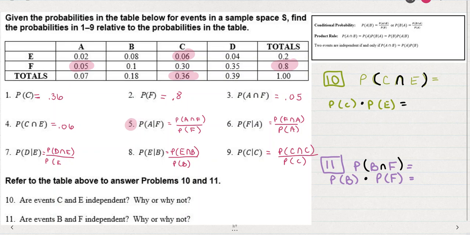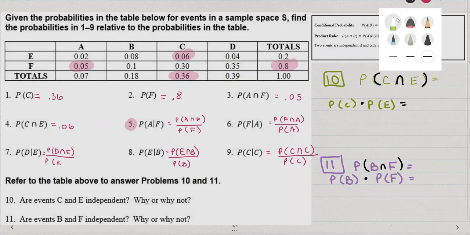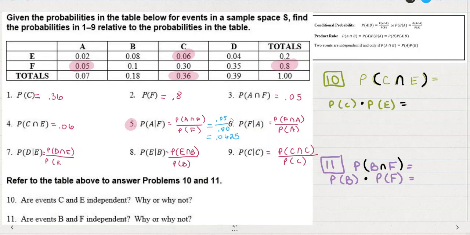We're going to use this formula, the probability of A and F both occurring, divided by the probability of F. So that's 5/100ths divided by 8/10ths, or 80/100ths, and that gives us a probability of 6.25%, or as a decimal, 0.0625. Number 6, the probability of F and A occurring together was the 0.05.